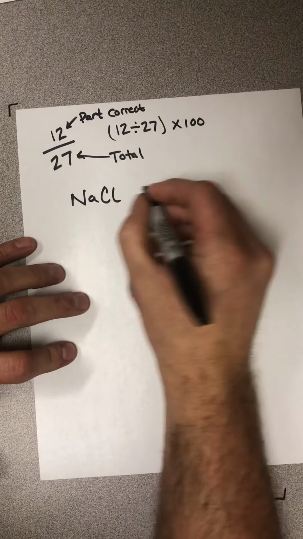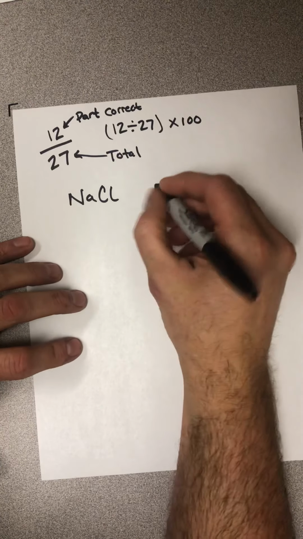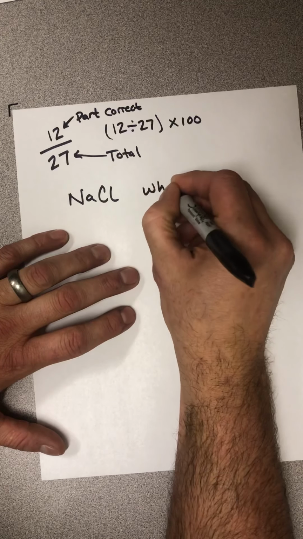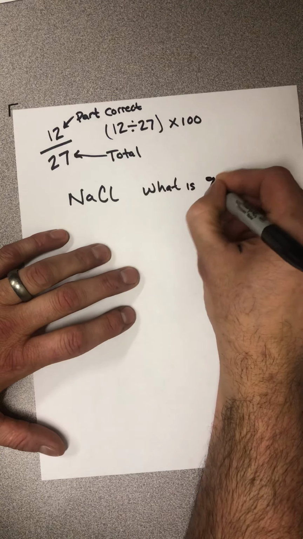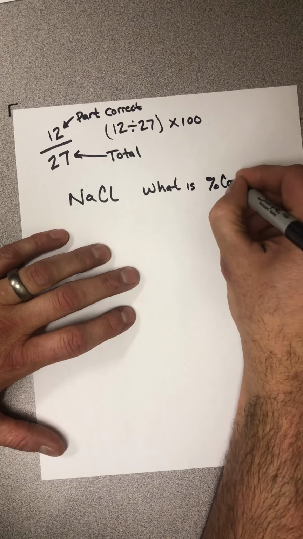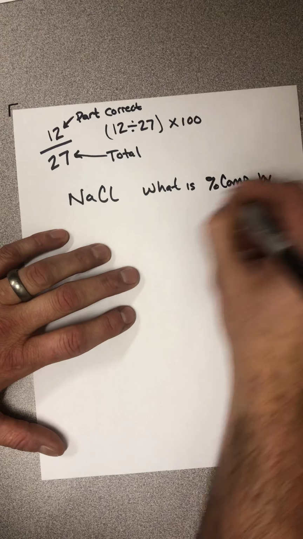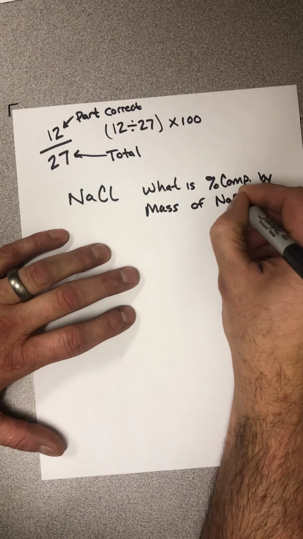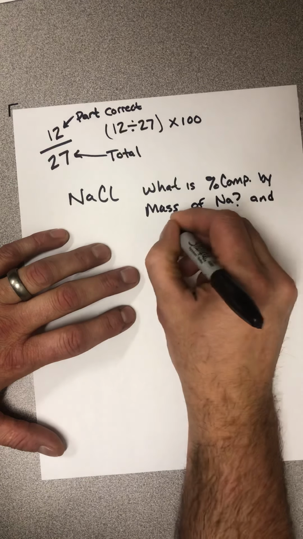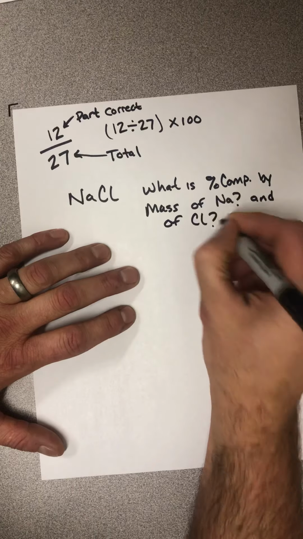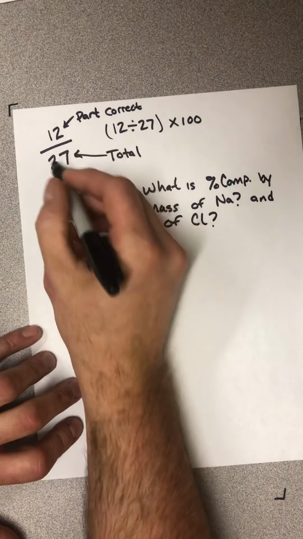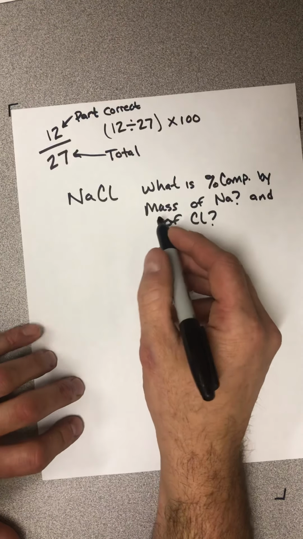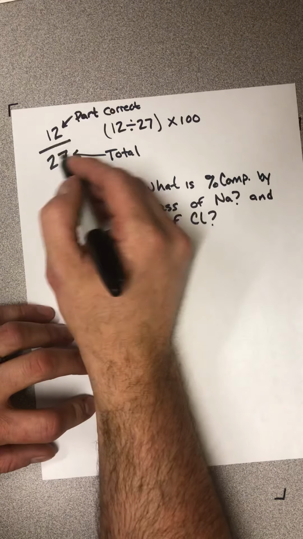So the question that you'll see is going to be something like this: what is the percent composition by mass of Na and of Cl? Here we're going to follow the same part-over-total approach that we did up here with these numbers.